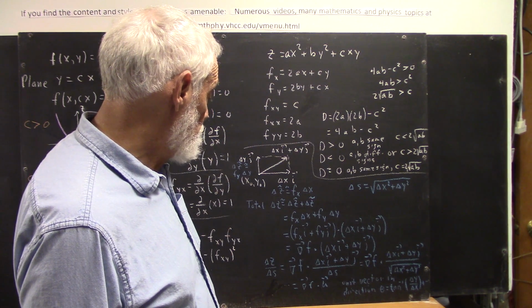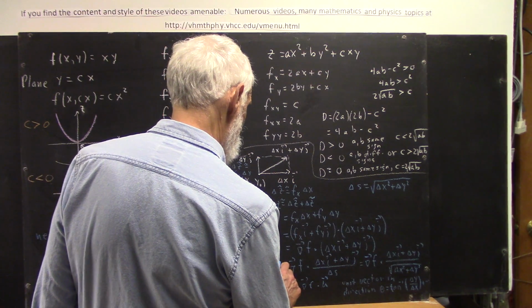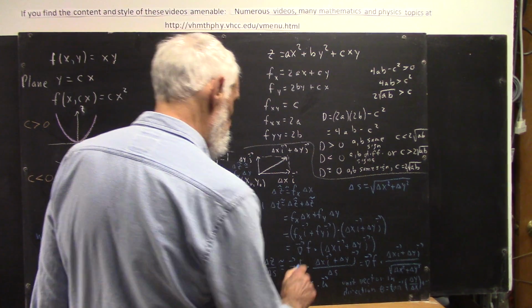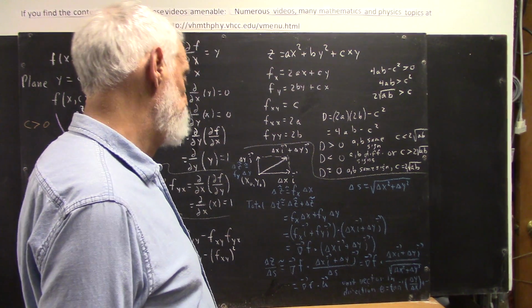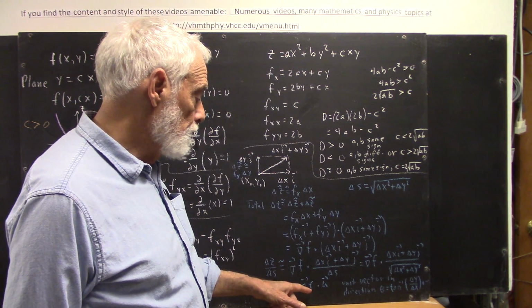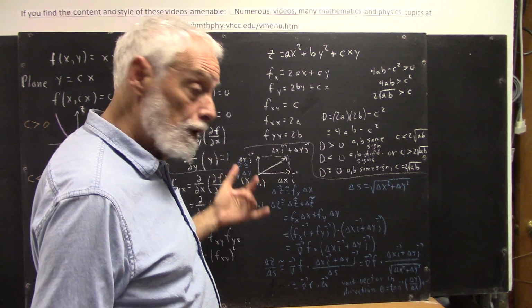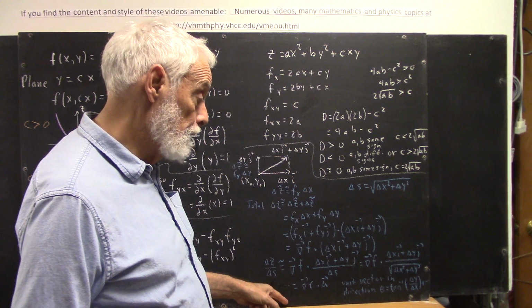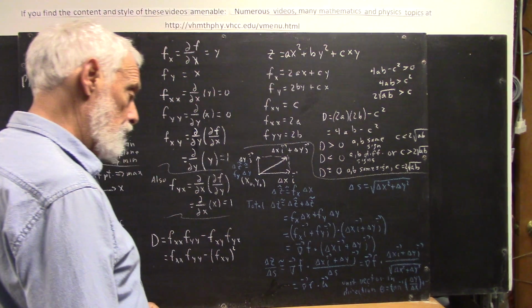Okay? So our delta z over delta s is approximately equal to del f dot u, and in the limit as delta x and delta y go to 0, this approximation becomes accurate.